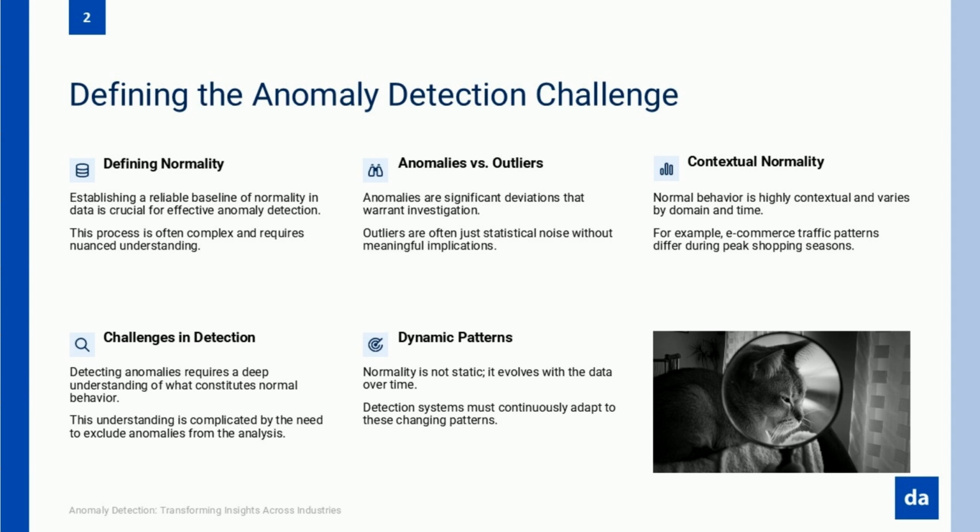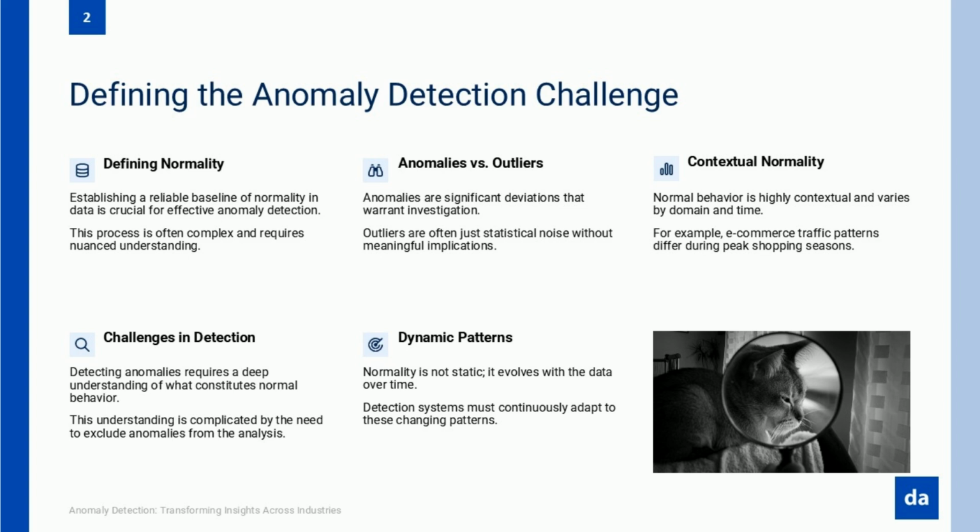During business hours on a weekday, you might expect a steady flow of traffic with predictable patterns, but during a major shopping event, a massive spike in traffic that would trigger alarms on any other day is perfectly normal and expected. This time context is critical for defining normality, but it gets even more complex.